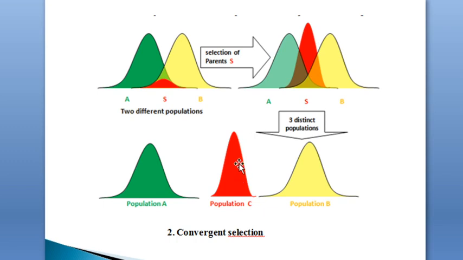Let's observe that here we have the creation of a synthetic population, that is a dual purpose population with intermediary performances among the performances of the two parental populations.